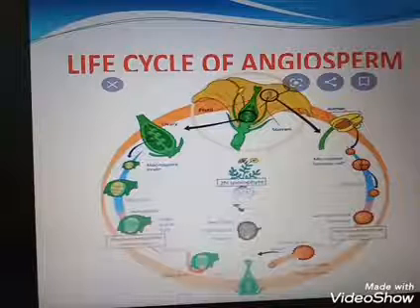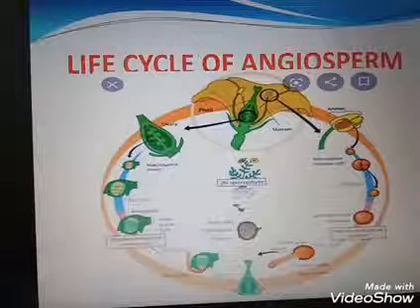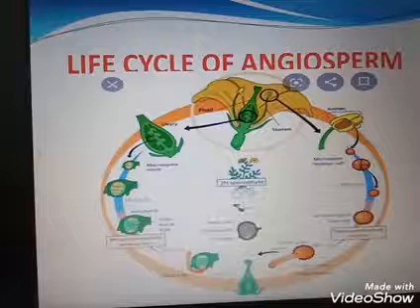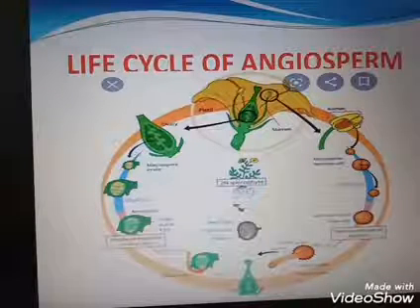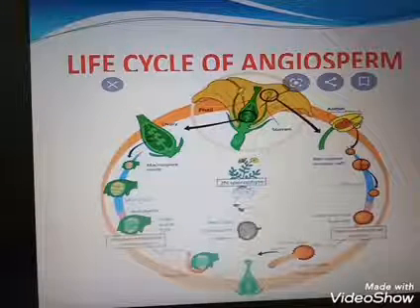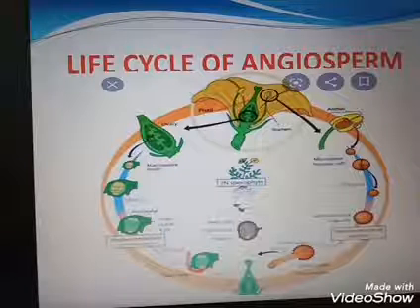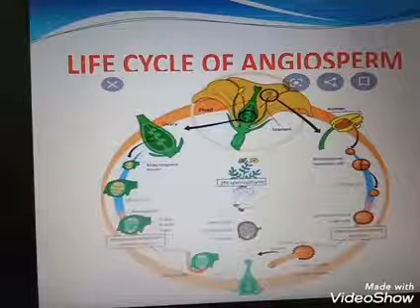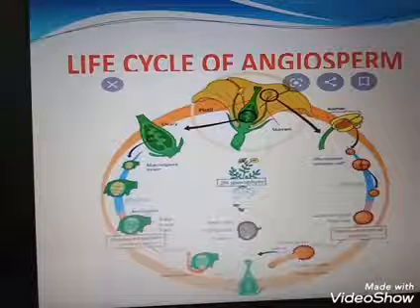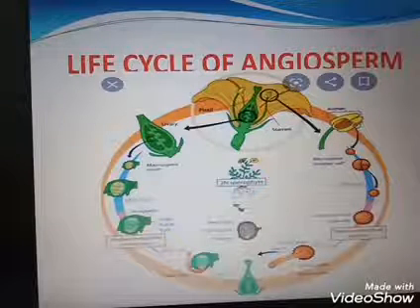Like the gymnosperms, in angiosperms also the gametophytic stage is highly reduced and is represented by the pollen grain and embryo sac, and is fully dependent upon the sporophytic plant. Angiosperms are classified into two types, monocotyledons and dicotyledons.